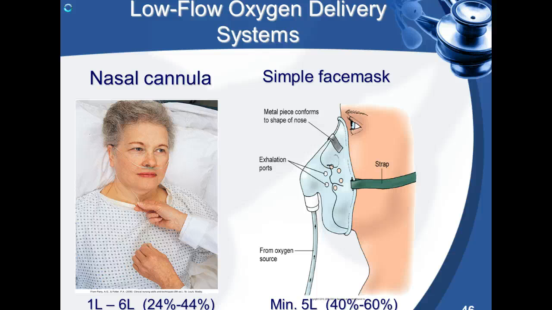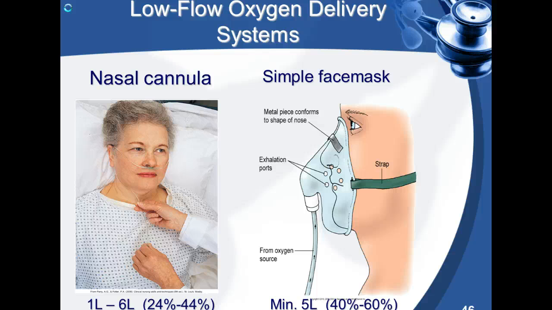The lowest are the simple face mask and the nasal cannula. Here are the examples here. Down at the bottom, you'll see it's 1 liter to 6 liters, and it delivers 24% to 44%. And then you'll have the simple face mask, and it's minimum 5 liters, 40% to 60%.